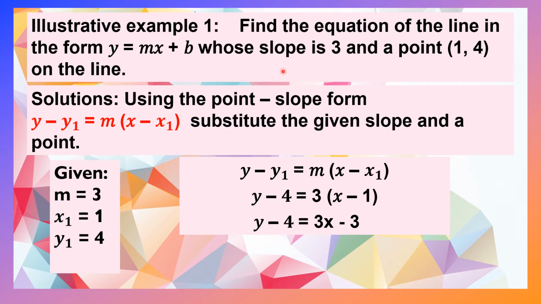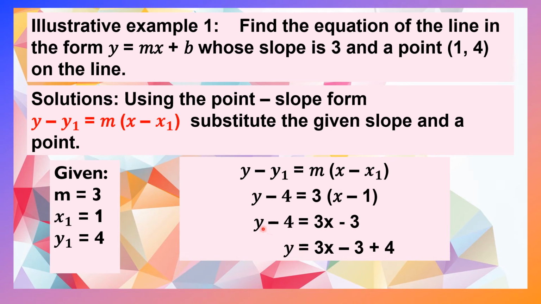Since yung problem natin, sabi niya, isulat daw natin yung equation of the line in the form y equals mx plus b. So, yung y lang dapat yung andito sa ating left side. So, kailangan nating mailipat yung negative 4 sa kabilang side. So, pag nilipat natin yung negative 4 sa kabilang side, magiging positive 4.